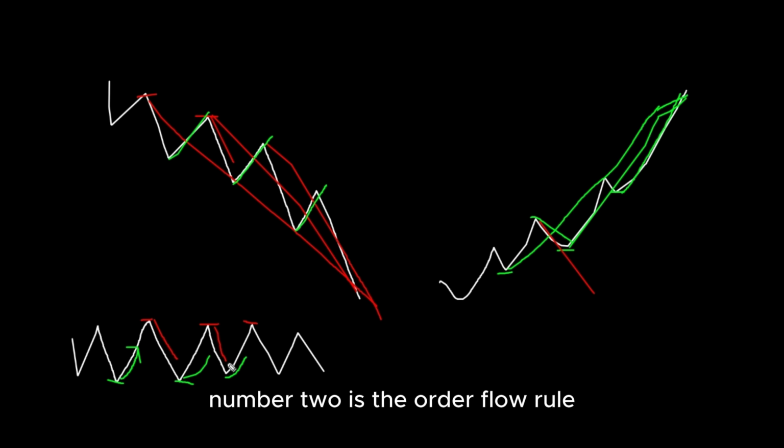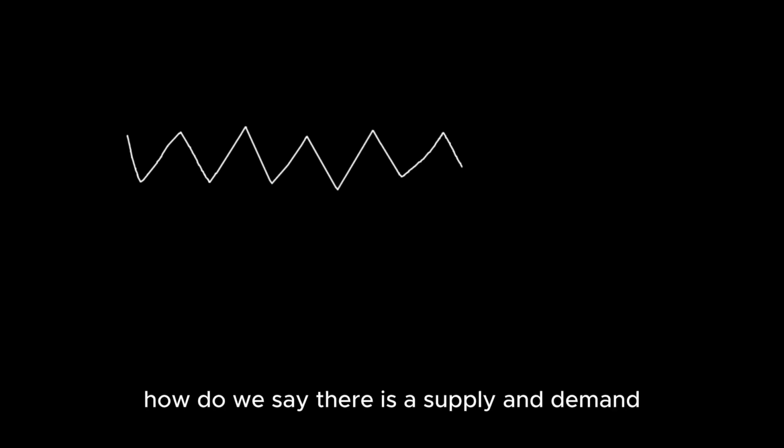Number two is the order flow rule. How many times have you heard, oh, that looks like there's a support? When the price is going sideways, how do we say there is a supply and demand?